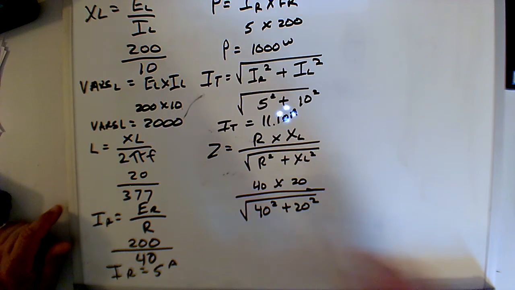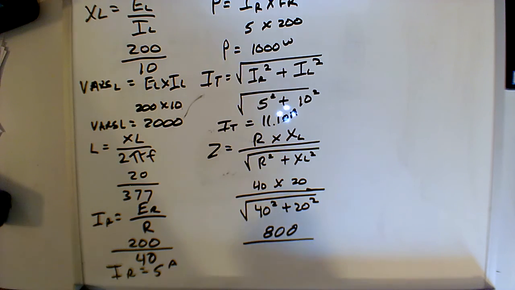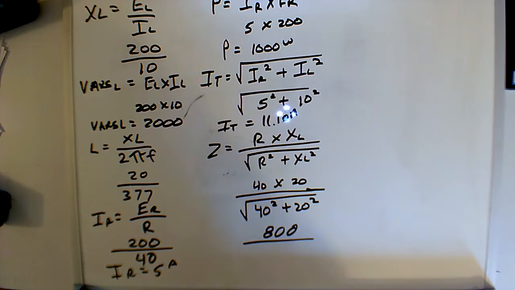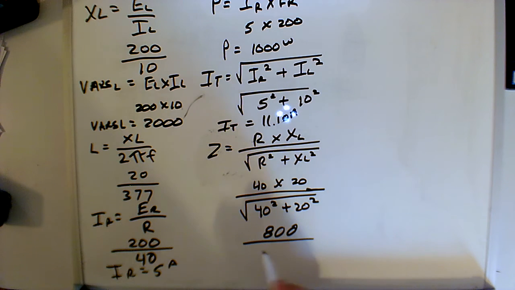So 40 times 20 is 800, divided by the square root of 40 squared plus 20 squared, which is 44.72.